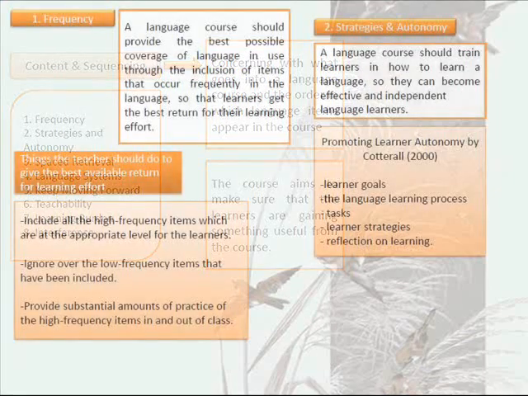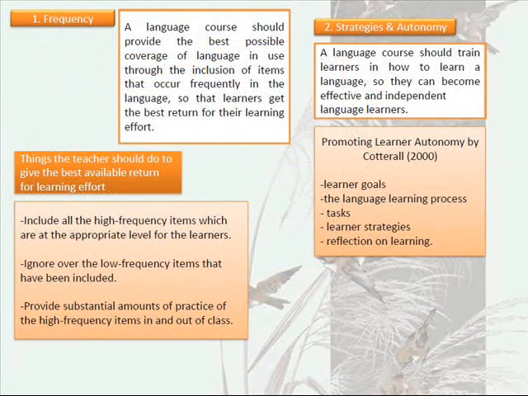Well, the first one is frequency. A language course should provide the best possible coverage of language in use through the inclusion of items that occur frequently in the language, so that the learners get the best return for their learning effort. And here are the things the teacher should do.